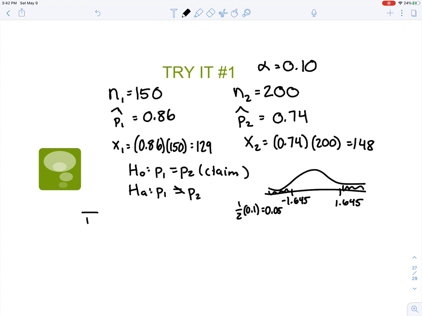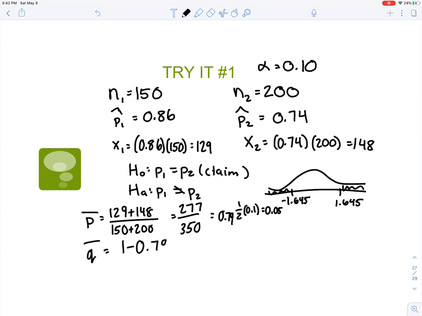So I need my p bar first. That would be x1 plus x2 divided by n1 plus n2, which means my q bar is 1 minus p bar.